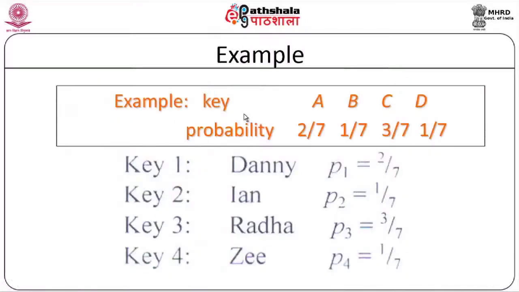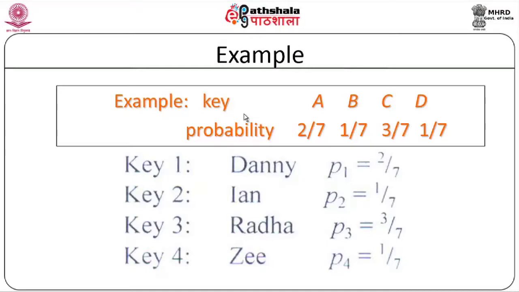Fine, we will take one simple example. We will take 4 keys. As I said earlier, it is useful for containing a symbol table. It is useful for having various symbols.